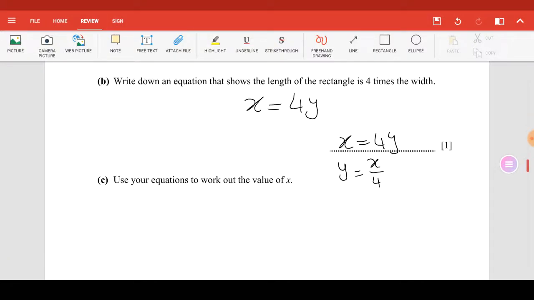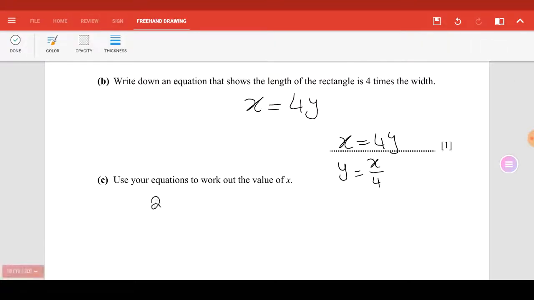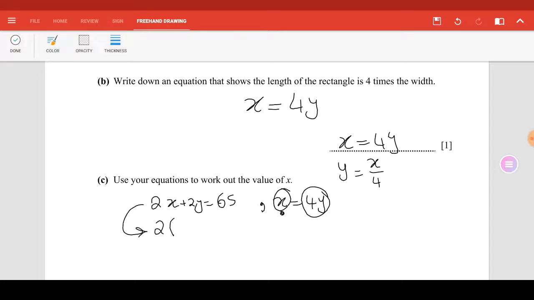Use your equations, the two equations that you got, to work out the value of x. As you know, using two equations to solve them means simultaneous equations, that you know already how to solve. The first one is 2x plus 2y equals 65. The second one, which is x equals 4y, you can use x to replace it or substitute it by 4y, so the new form will be 2 multiplied by 4y plus 2y equals 65. 8y plus 2y equals 65.